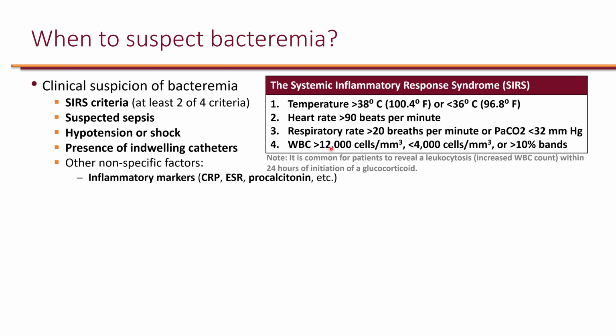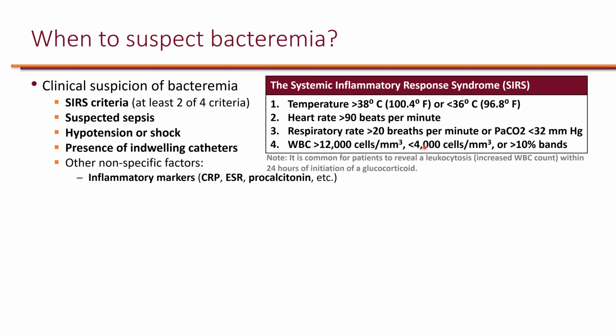So white blood cell more than 12,000 is obviously a response to bacterial infections. Alternatively, less than 4,000 is if the body has depleted the white blood cells as a result of dealing with the infection. So occasionally you may see a depletion of white blood cells because production cannot keep up with the demand.